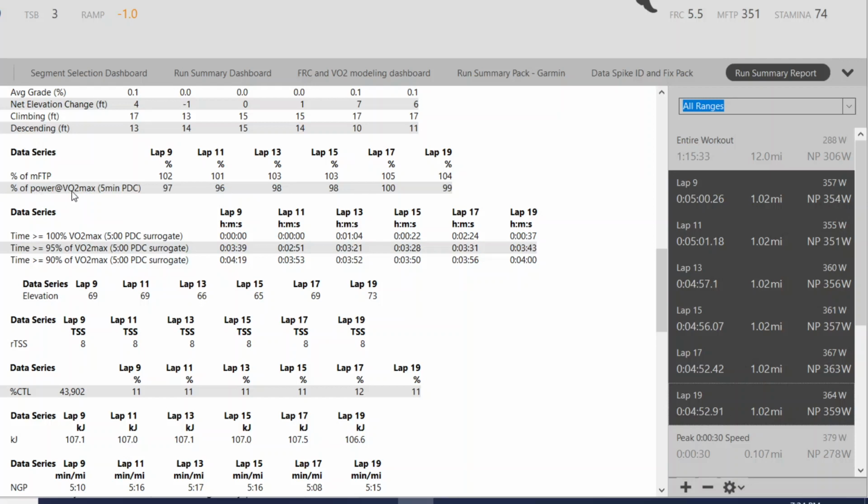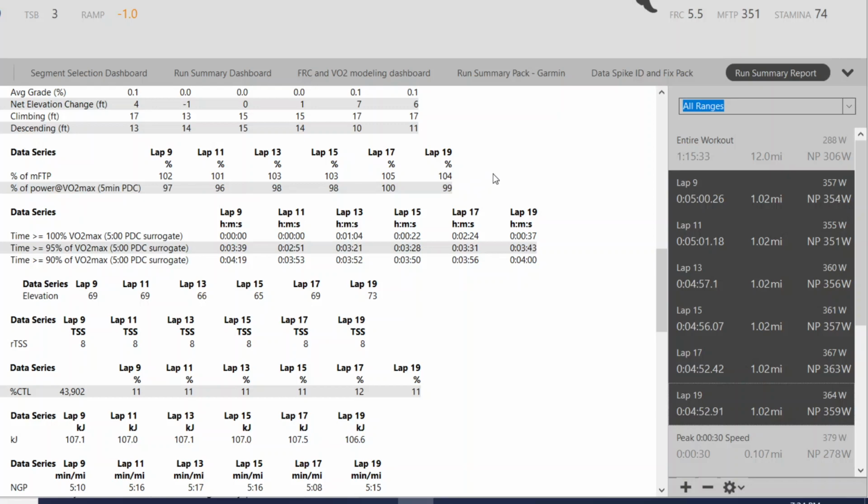There is no such thing as a single power at VO2 max, but this gives me a ballpark figure. And so this is looking at what his average was in terms of power, a percentage of power at VO2 max. So he's running pretty close to that. And it gives me his percentage of his MFTP.